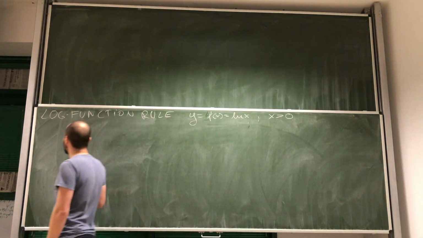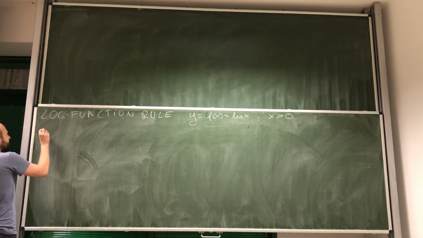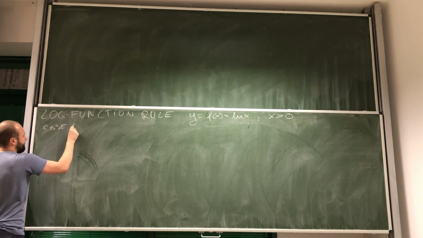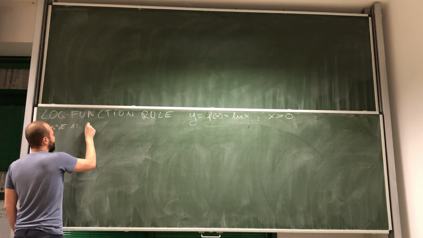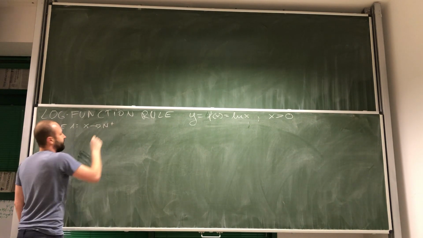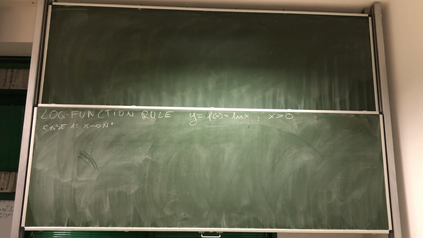So look, we are looking for a derivative, so we are looking for a limit. But now we have case number 1. Let's go case 1. And we have that x approaches n from the right hand side. And look, why is this important?